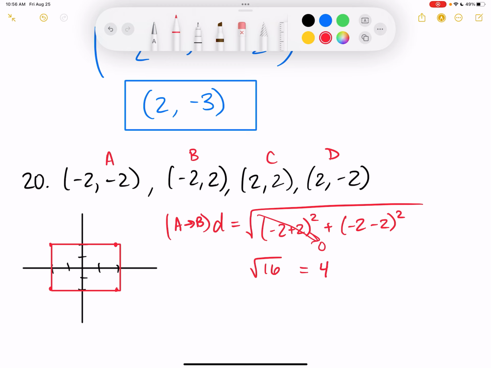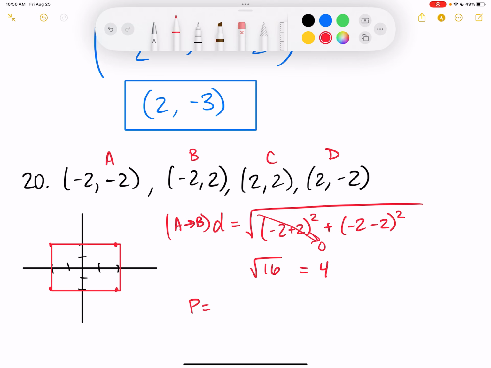Sometimes they'll give you points so that the square is actually crooked, so you may not know initially that it's a square, in which case you need to do others. This one is obvious that it's a square based on what it's given, so we can just assume that all sides are the same. So how do we find the perimeter of a square?